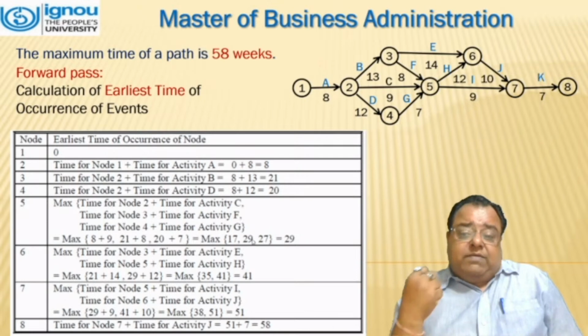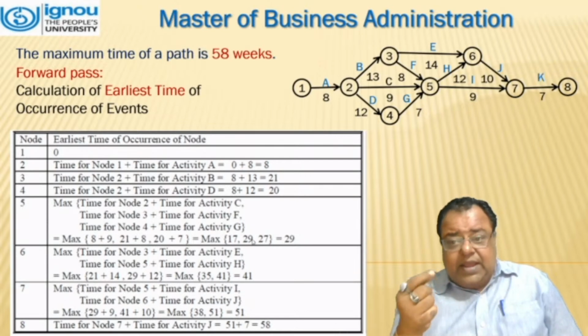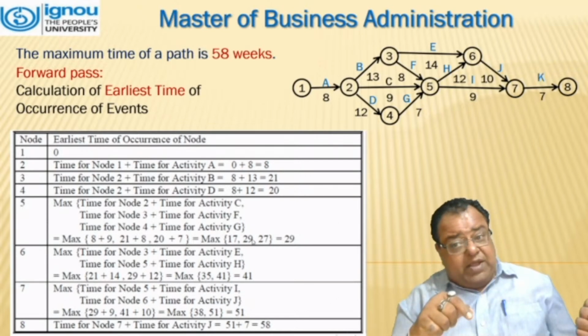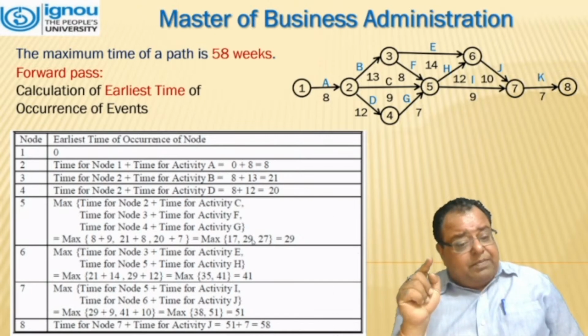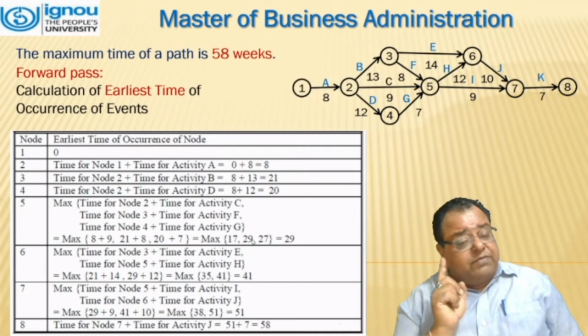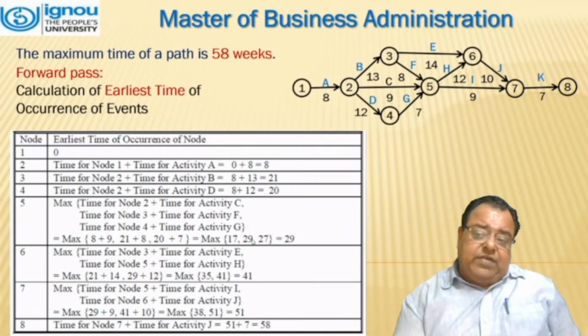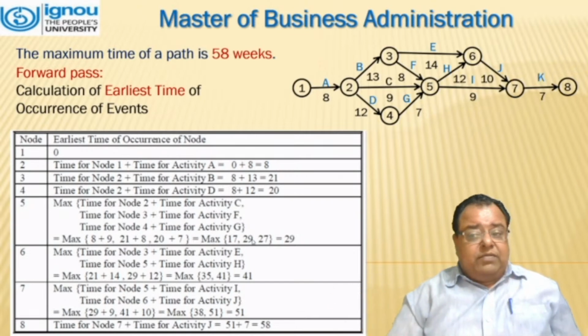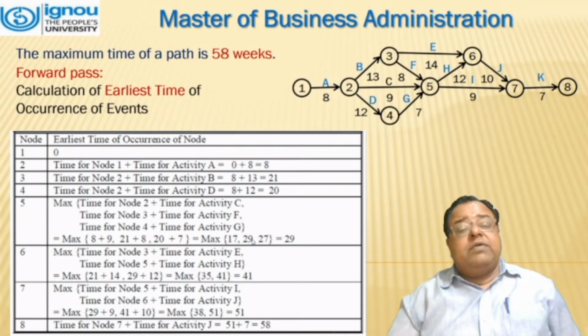When we move to node 7, it has I and J with it. So for I, when we are calculating for I, it is 29 for 5 plus 9. That comes out to be 38. And if we are talking about 6 to 7, it is 41 plus 10, which comes out to be 51. At 7, we have reached 51 weeks. And for the last, node 8, it is 51 plus 7, which comes out to be 58.